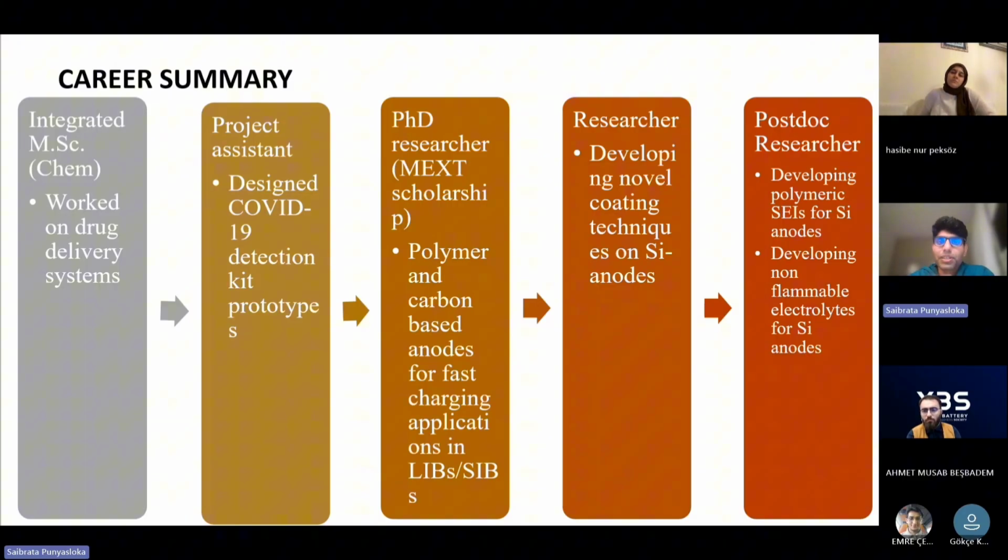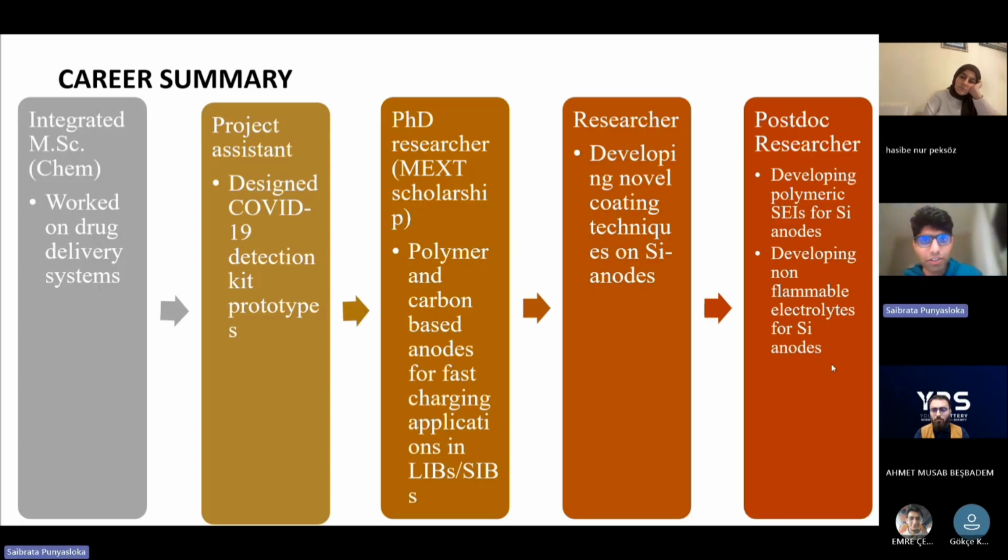After completing my PhD, between 2021 and 2024, I worked for 5 or 6 months on a small project in the lab based on anode coating technologies, specifically silicon-based materials. Then I went on to do my postdoc.